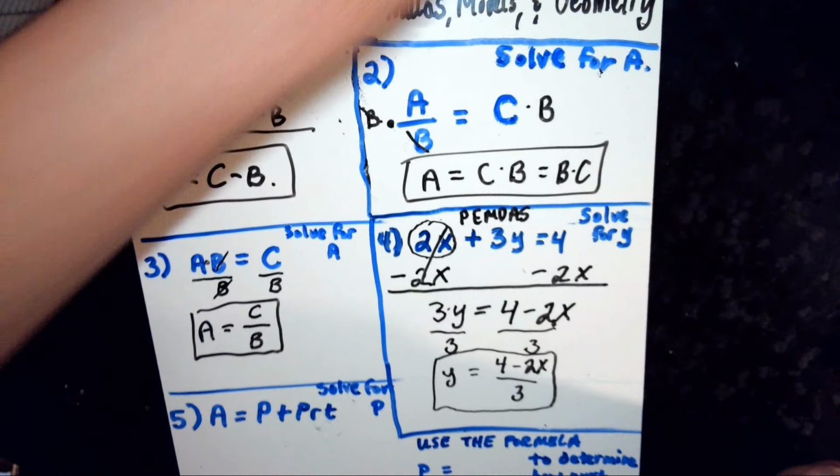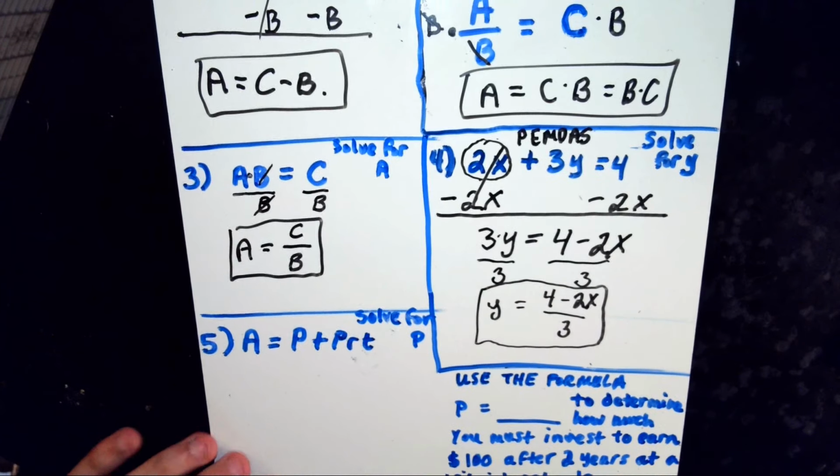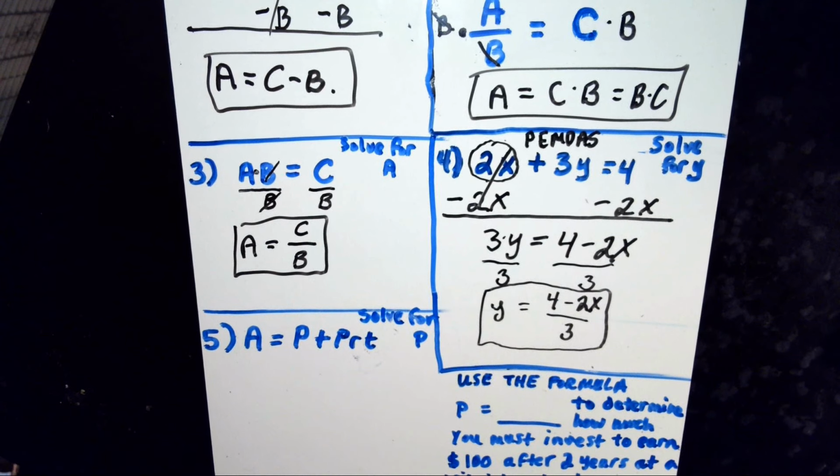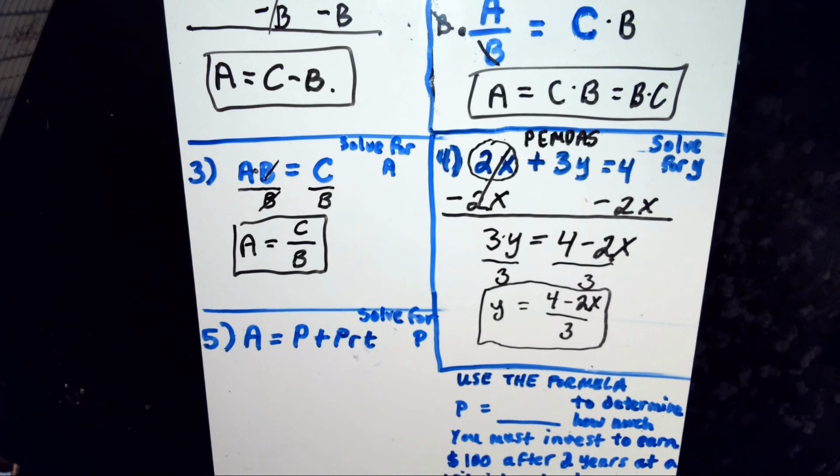All right, now in our last example, we have a simple interest formula here. This is the amount of money you'd accumulate with simple interest.